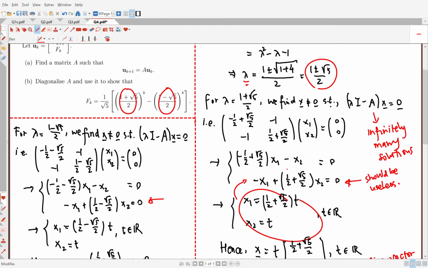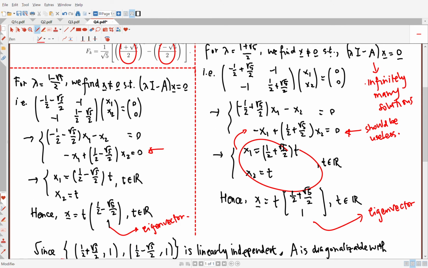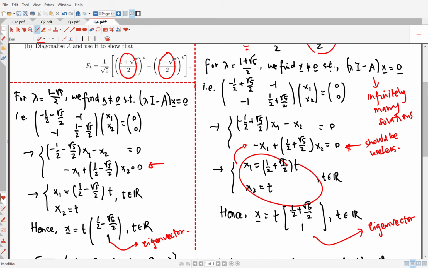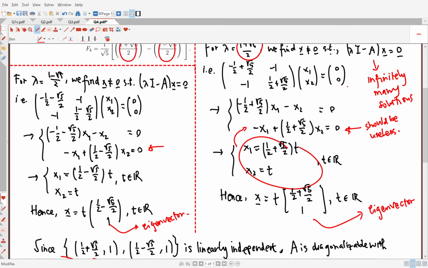This is an observation to make our life easier. We don't need to keep writing this. I just realized this is the same as this, and this is the same as this, right?